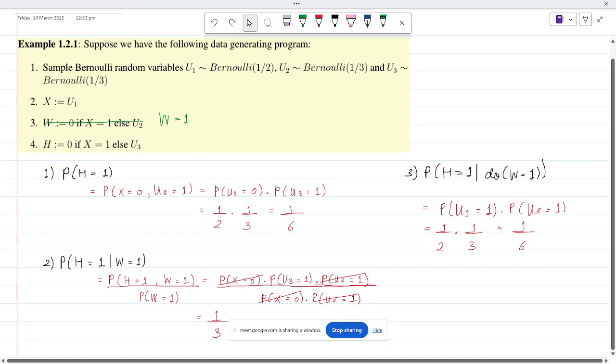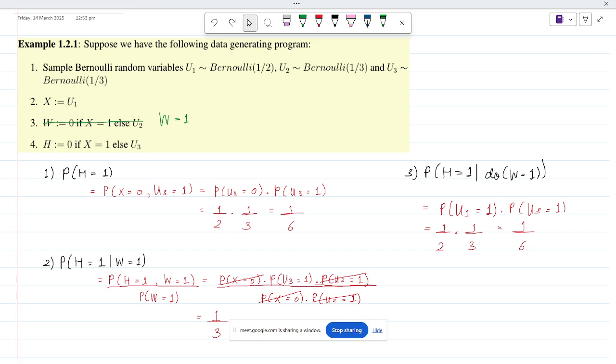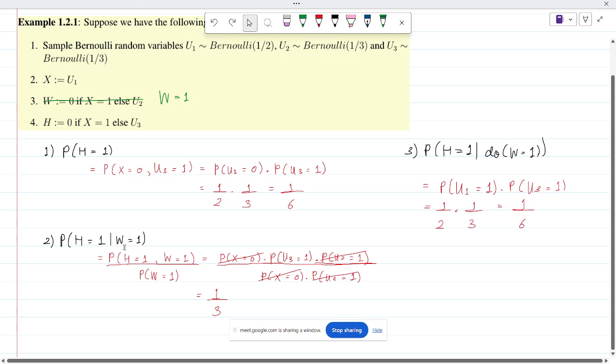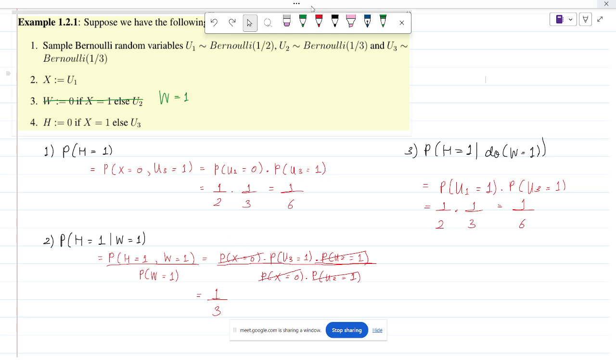Are there any questions at this point? In the second equation, to find the probability of H equals 1 and W equals 1, have you just multiplied the individual probabilities of H equals 1 and W equals 1 with each other? No, no, essentially you have looked at the probability of H equals 1 and W equals 1. So when I wrote them individually, I realized that for W to be 1, X has to be 0 and U3 has to be 1, correct?